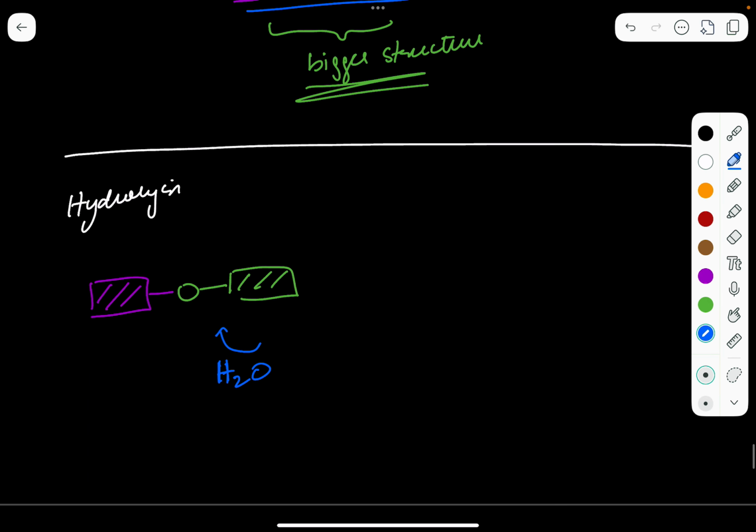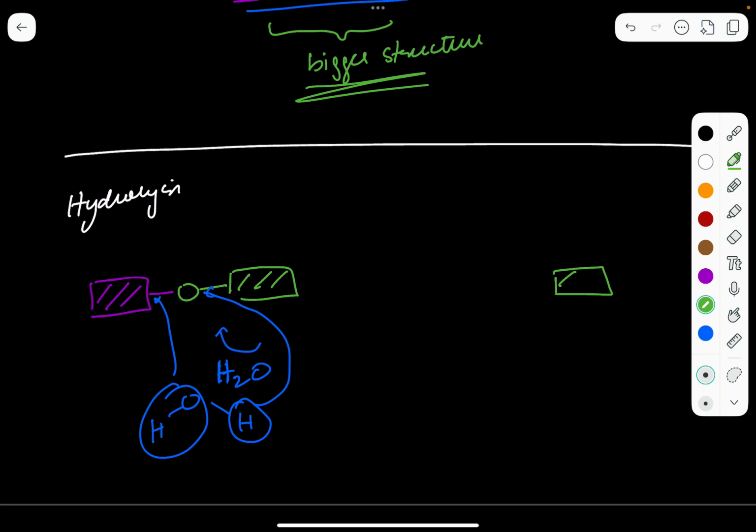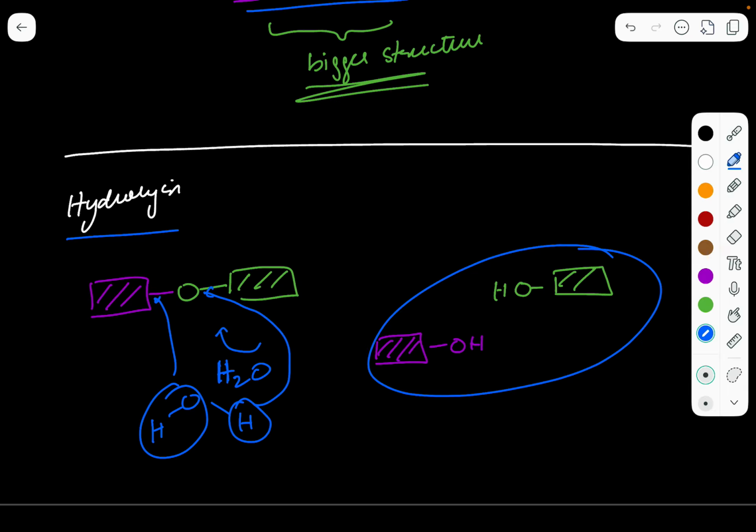So H, OH, and H. One of these OHs will go on this side and the other hydrogen will go back to its original place. So you end up getting this. Perfect. This is hydrolysis, where you added water and you restored the original units.